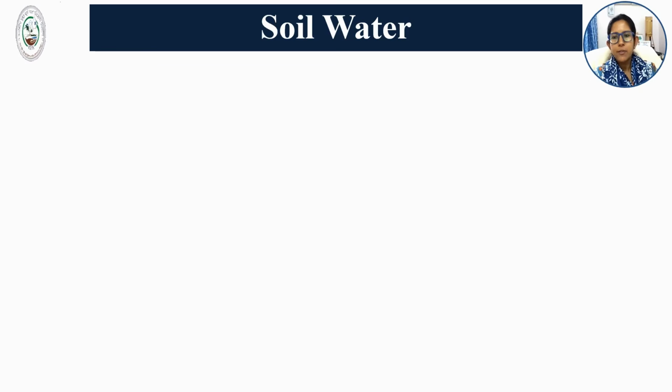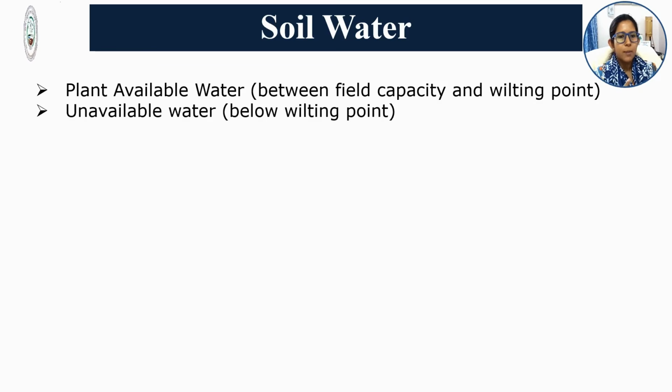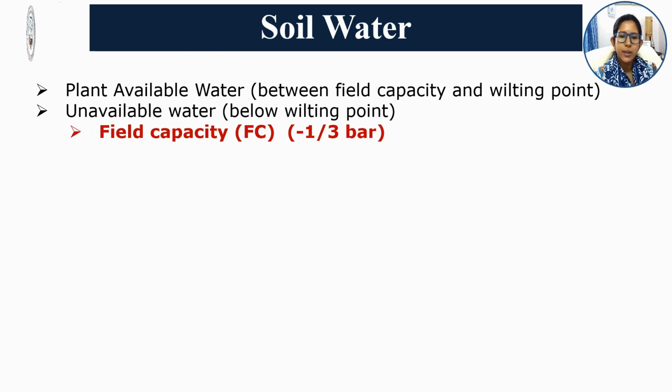Now, when we talk of soil water, generally the plant available water is more of a concern for us, which refers to the water which is available to the plant within a particular pressure range. And there are three specific points at which measurements are taken. Field capacity, that is the water present in the soil at -1/3 bar.